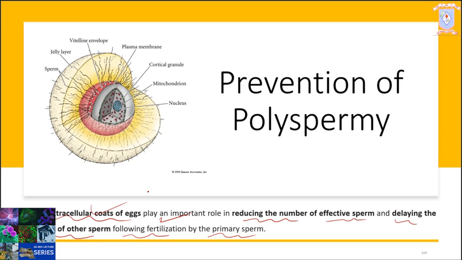So the extracellular coats of the egg play a crucial role in the prevention of polyspermy by reducing the number of sperm that reach the plasma membrane of the egg.